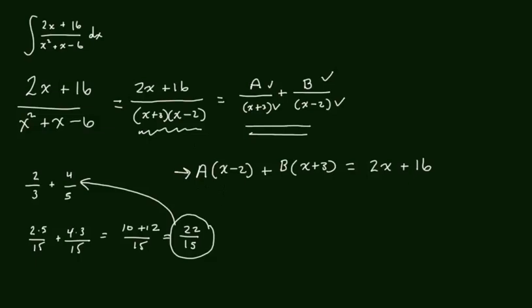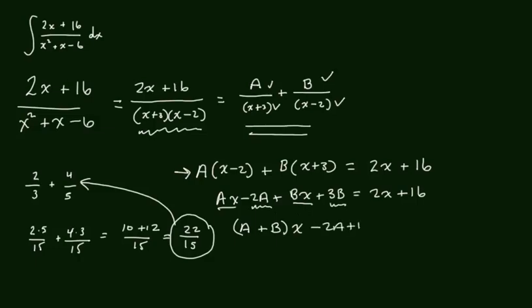Now what I'm going to do here is distribute the A and distribute the B, continuing the equality. And again, the only goal is to find A and B, so we're going to set up a system of equations. So you see here I have Ax and Bx. So if I put those together, I have (A + B) times x, and then the other terms, the constants, are going to be -2A + 3B, again equals 2x + 16.